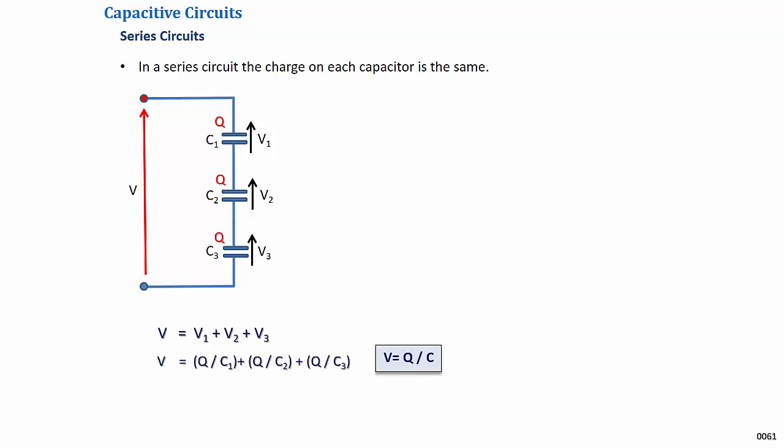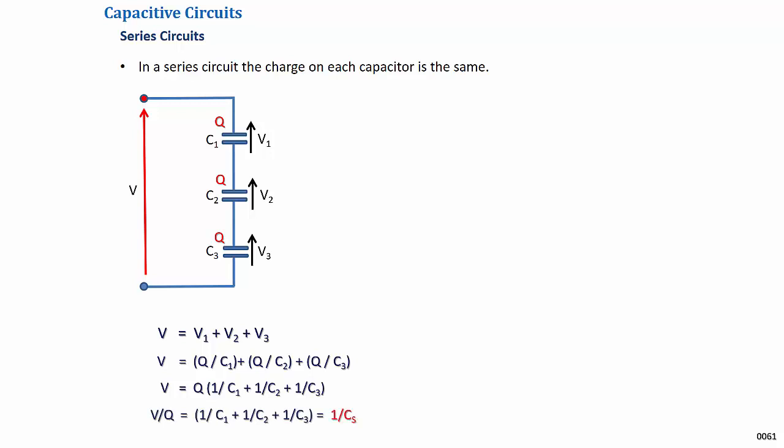Applying the formula, V equals Q divided by C1 plus Q divided by C2 plus Q divided by C3. Taking out Q as a common factor, V equals Q times 1 over C1 plus 1 over C2 plus 1 over C3.